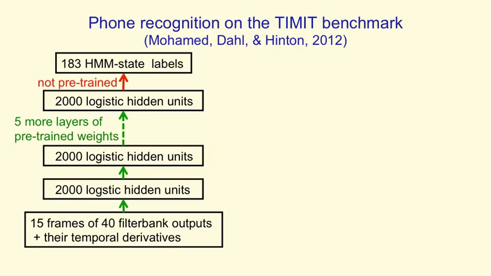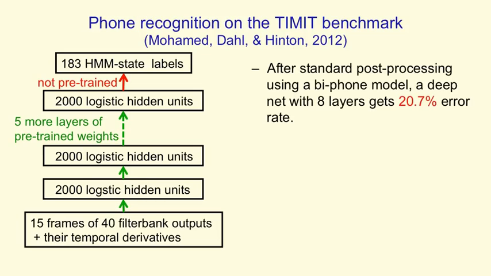They were doing it on a fairly small database, and they only used 183 alternative labels. And to get their system to work well, they did some pre-training, which will be described in the second half of the course. After standard post-processing, they got a 20.7% error rate on a very standard benchmark, which is kind of like the MNIST for speech.